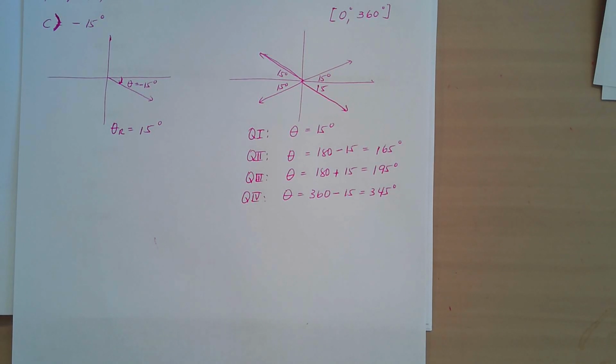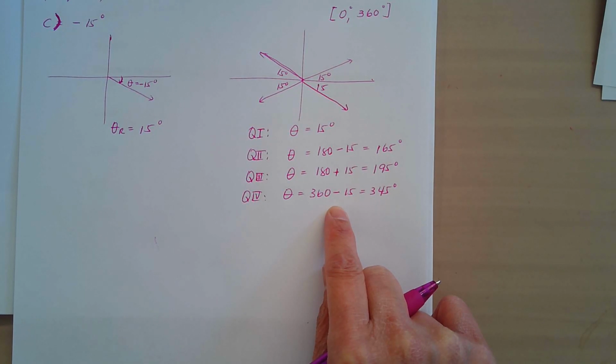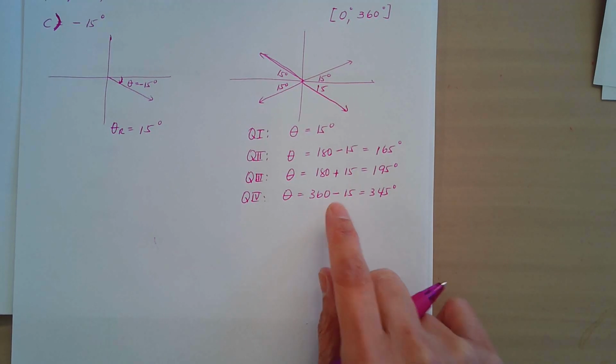Okay, good? Why are you going back into standard position if it's negative? Which one are you asking about? Aren't you going in standard position? Because if it's asking for negative 15, wouldn't you be working on the negative rotation?